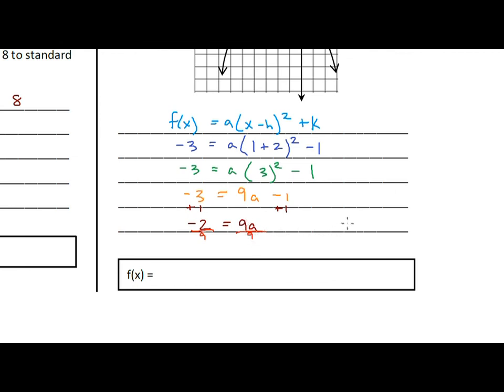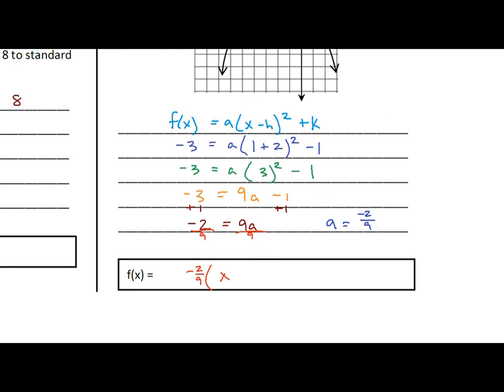So our final answer is here, I'm going to write this out in a separate place. We pick a different color. Let's pick dark blue. So a is equal to -2 divided by 9. And now we'll write our function. F of x equals a, which is -2 divided by 9, times x.